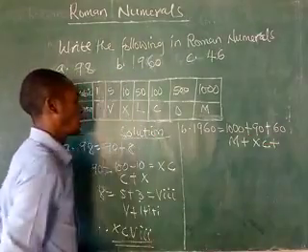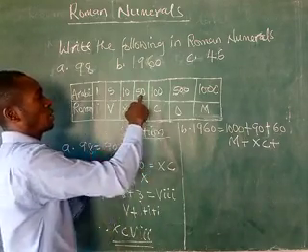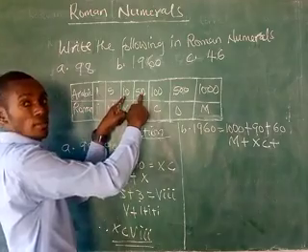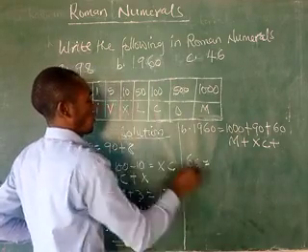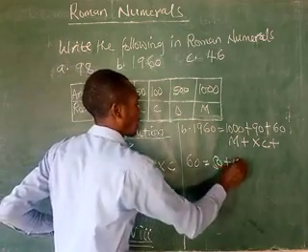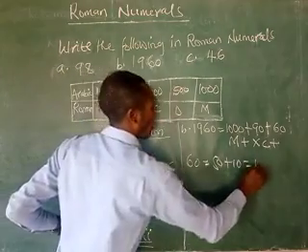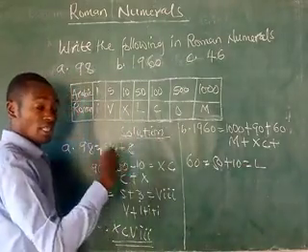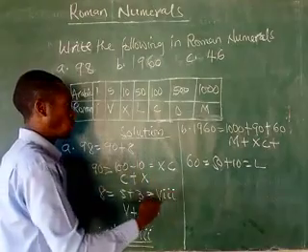Now the next thing is to get 60. How do I get 60? I can get 60 when I play around with 50 and 10. So 60 will become 50 plus 10. What is 50? 50 is L. The bigger Roman numeral, anytime we add, that means we have to write the bigger numeral before the smaller one.